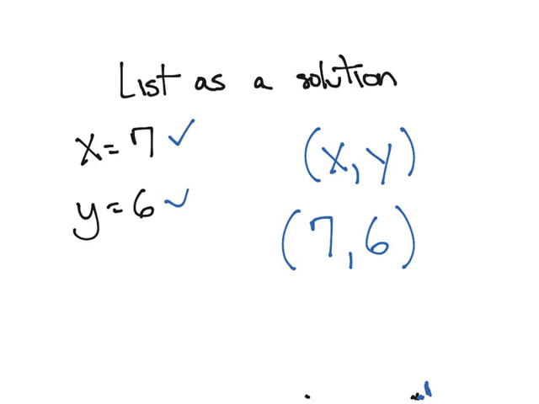Remember, what this really means is that 7 and 6 make both equations true. It's simply stating that if you were to graph these lines, one of your lines would pass through this point (7, 6), as would the other. Remember, this intersection point is that solution.